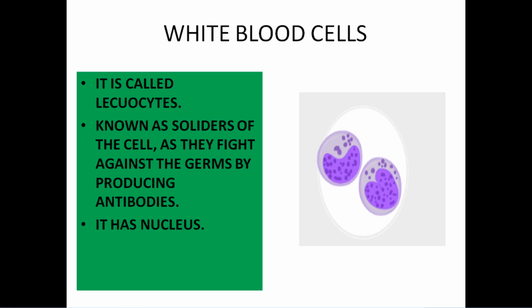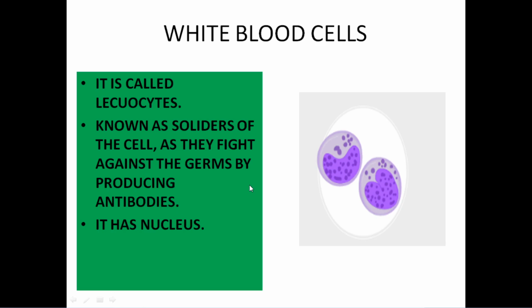Move to white blood cells. White blood cells are called leukocytes. Yes, they are scientifically called leukocytes. They are very famously known as the soldiers of the body because they fight against the germs by producing antibodies against them.